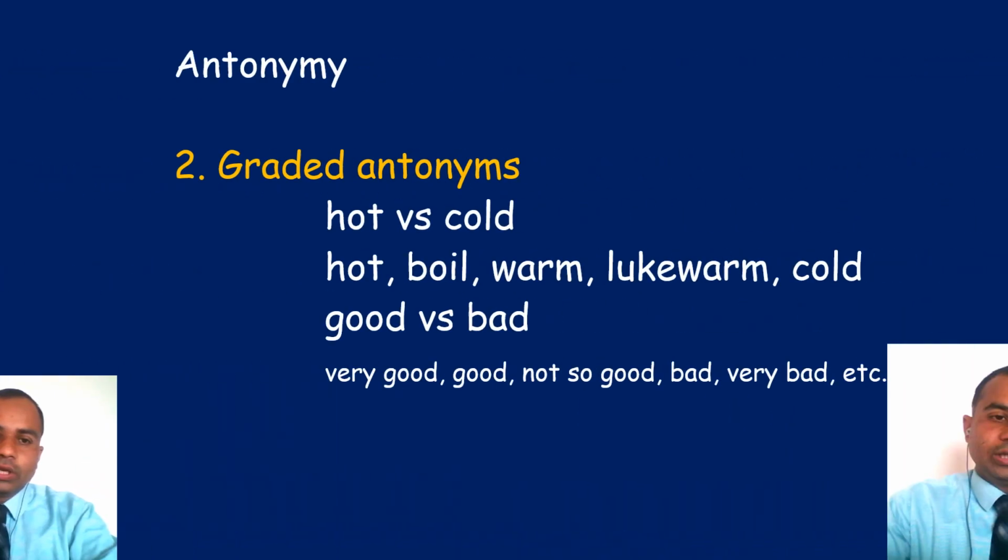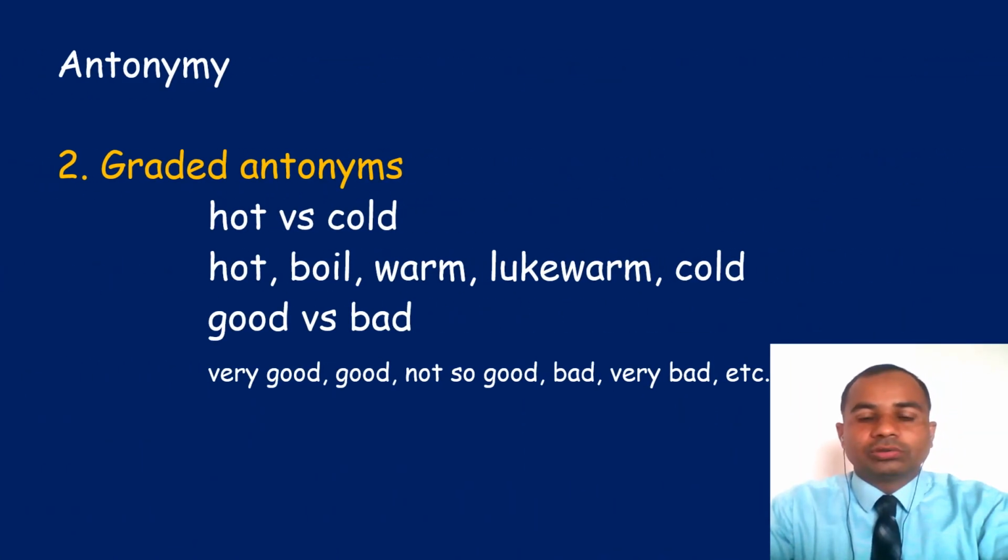Next we have graded antonyms. Not all antonyms have a contradictory or binary kind of relation. For example, hot versus cold. We can grade how hot, how cold. So we have hot, boil, warm, lukewarm, cold. We can grade them. For example, good and bad. We have how good someone is: very good, good, not so good, bad, very bad.